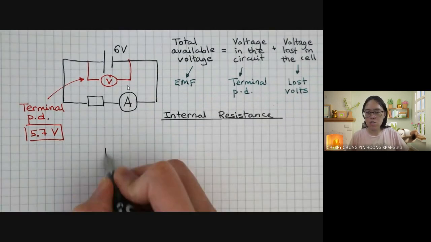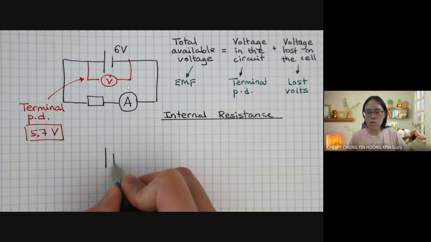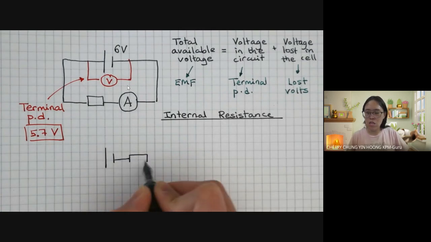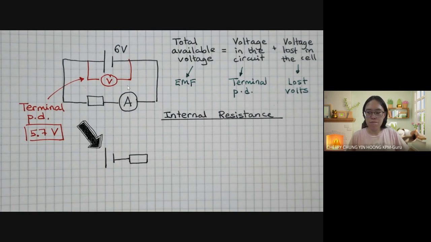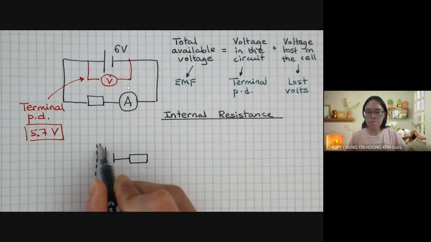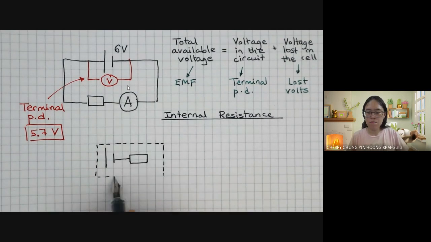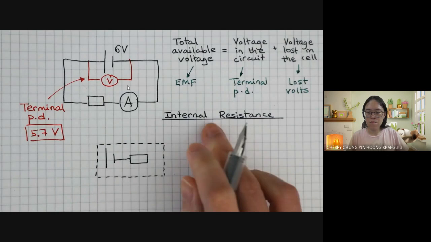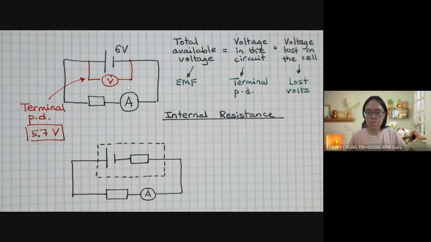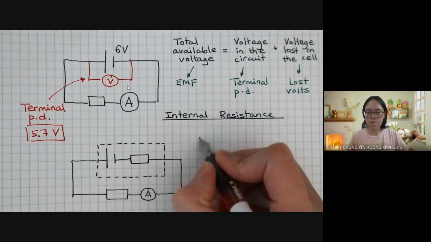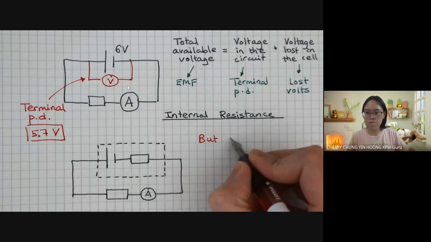So we can redraw our diagram of a cell to include the idea of internal resistance. Here is a perfect cell, and here is the internal resistor. Everything in this box represents a cell with internal resistance. And don't forget, voltage is equal to current times resistance.